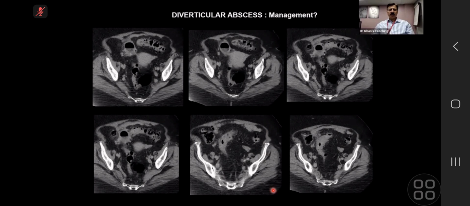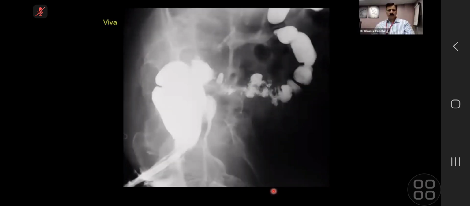But generally speaking, most of the surgeons think that up to 5 centimeters, they will be more happy to go for IR help. And in your Viva, once you say that, then the examiner might ask you some questions about IR, which you have already covered. This is a very, very good exam film. Over to you.